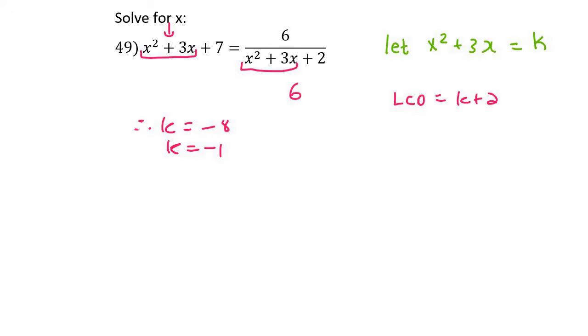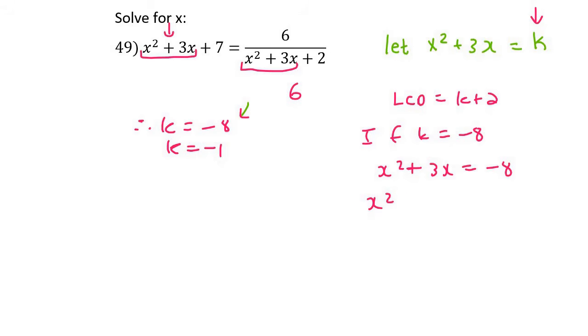But what you do now is you must remember the following. We did this earlier on, so now we can use that. So let's start with the first one where k is minus 8. So we can say if k is equal to minus 8, then I'm going to plug that in over here. So we're going to get x squared plus 3x equals minus 8.